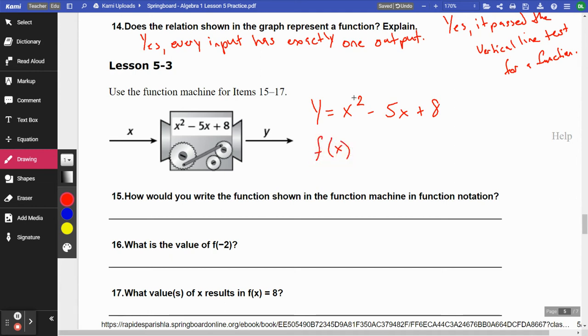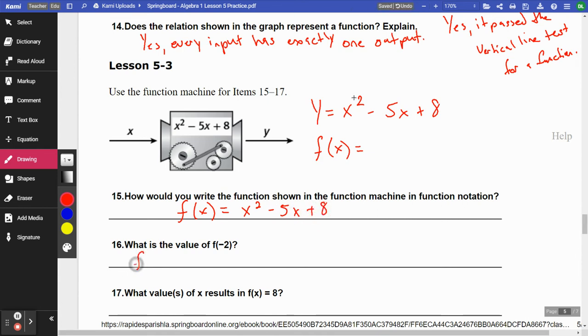The f is the name, the x is the input, and then whatever the function is. That way we can identify what function we're talking about. So y equals and f of x equals are saying the same thing. So this would be f of x equals x squared minus 5x plus 8.